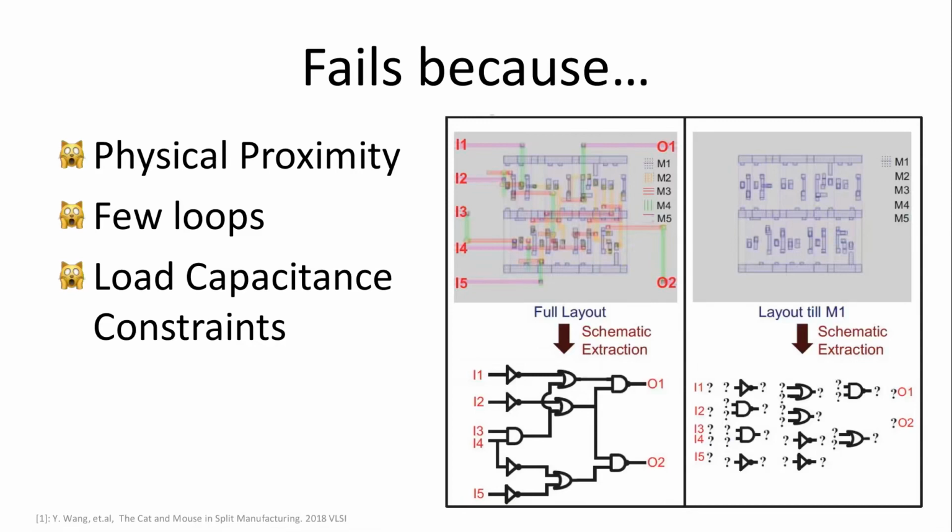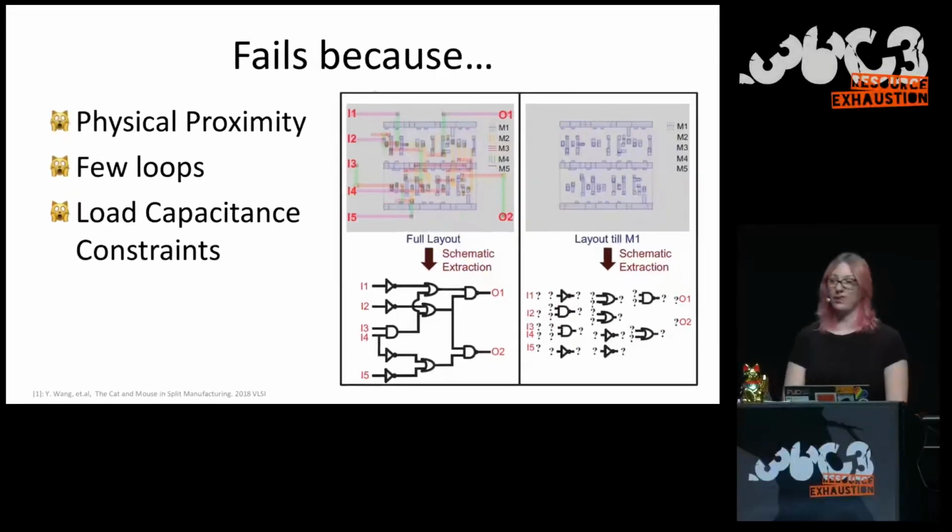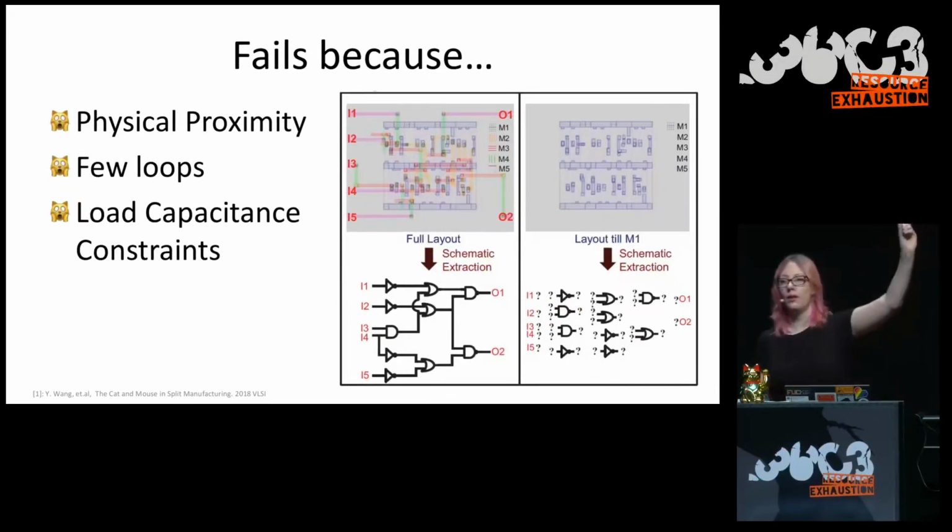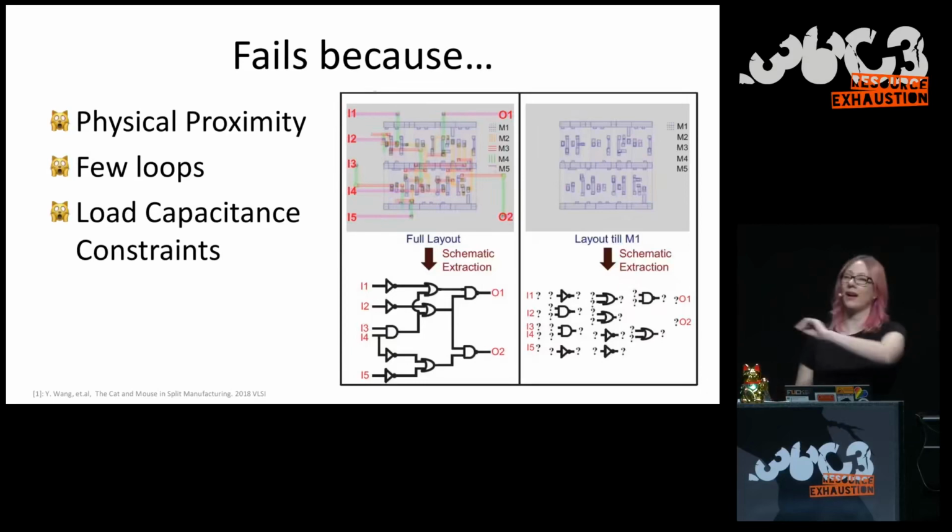Why? Well, first things first, we usually have some kind of physical proximity. If we design stuff, gate A at the top is usually not going to be connected to gate B at the bottom of this chip. So if you consider this gate, it's probably connected to this one or this one. We also don't usually have that many loops, so the chances of stuff going back on itself are pretty low, except in FSMs, or maybe for flip-flops.